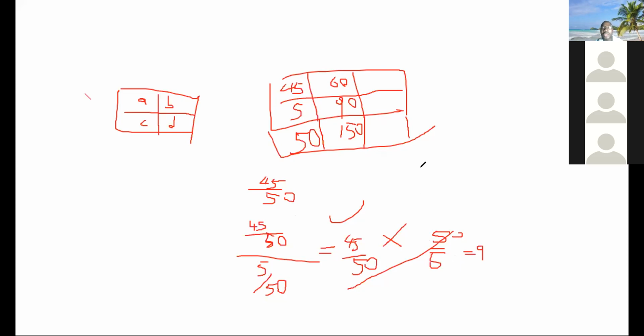It's the same thing if you want to know the odds of smoking among those without the disease. It will be 60 over 90. Somebody is raising a hand. Yeah, that's your question.